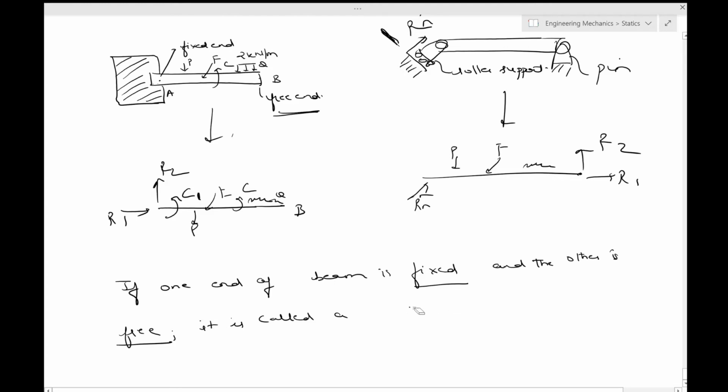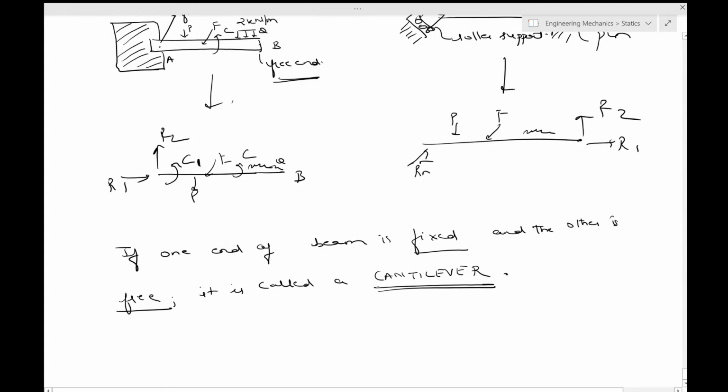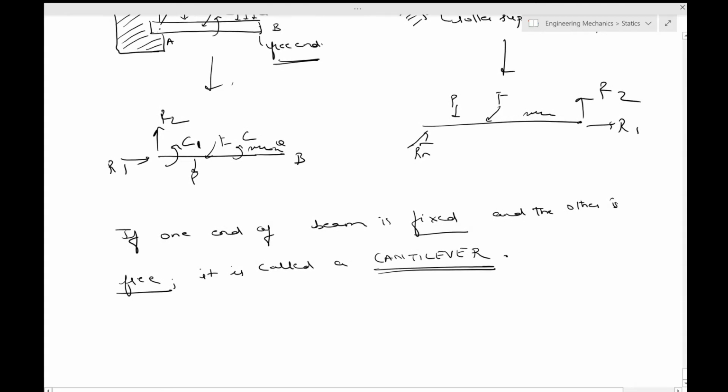I should write it. This is very, very, very important for you to know. When people ask you something about beams, they will not explain what a cantilever beam is, irrespective of your branch or discipline or your year of study. So please know this word very carefully.